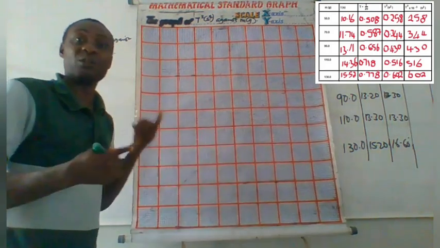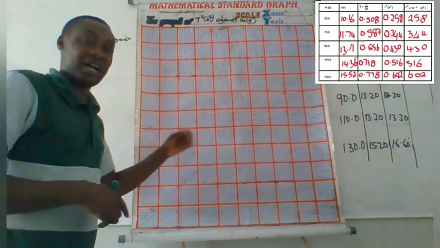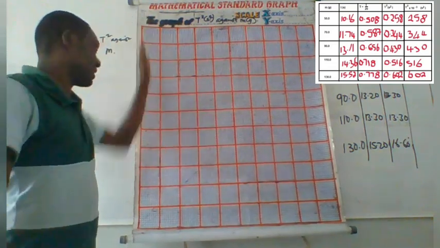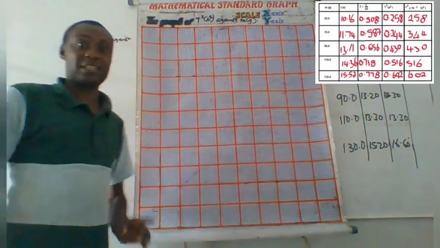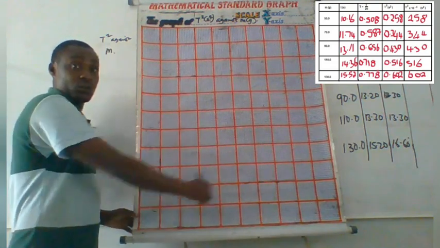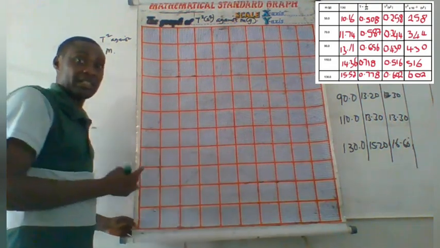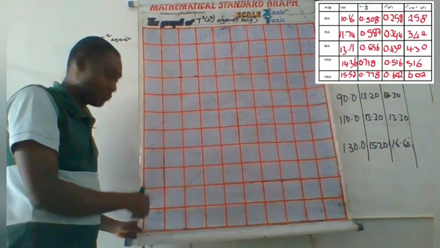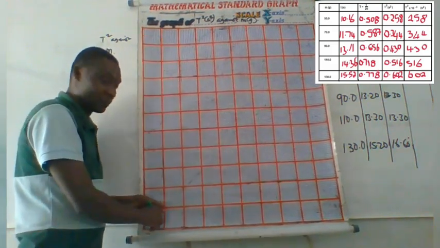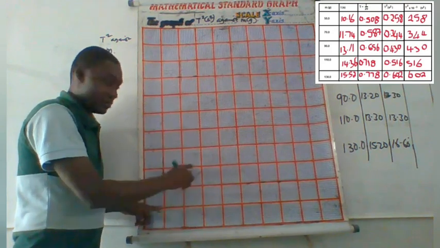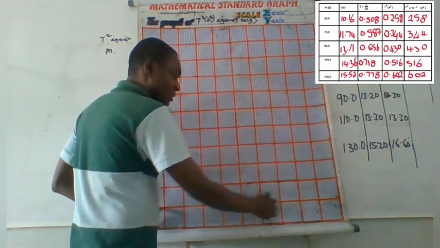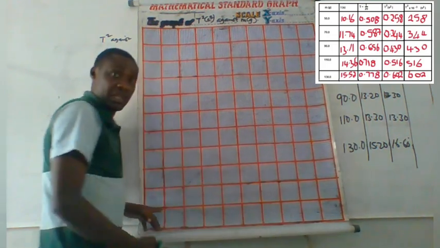So it is the value of the data that you are given that will determine how you get your vertical and horizontal axes. I just want to get my horizontal axis first, then I'll come back to the vertical axis. So we need to choose a scale. Like I said, if I go 0, 50, 100, 150, that will be okay.